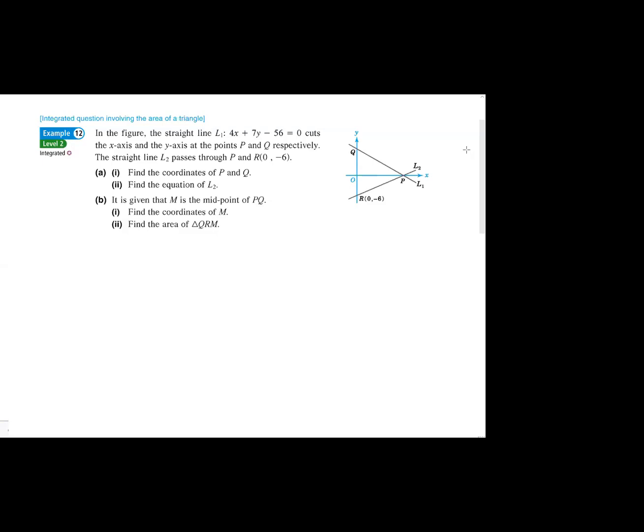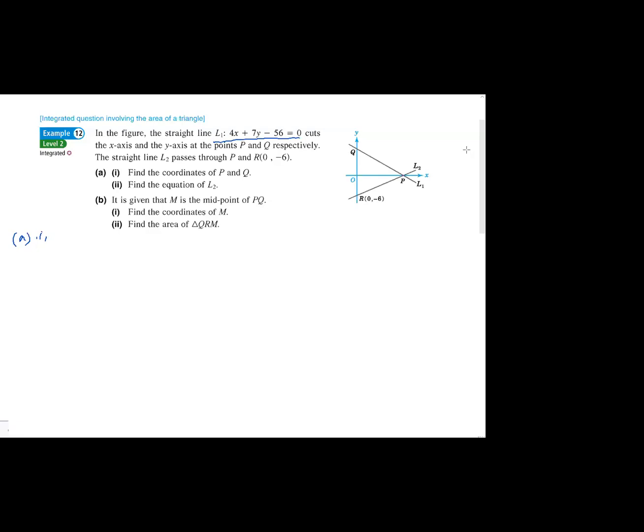So for L1, because we are given the equation of L1, so there is no more secret in the straight line L1. We can find out everything, okay, from L1. Okay, so including the x-intercept and the y-intercept.